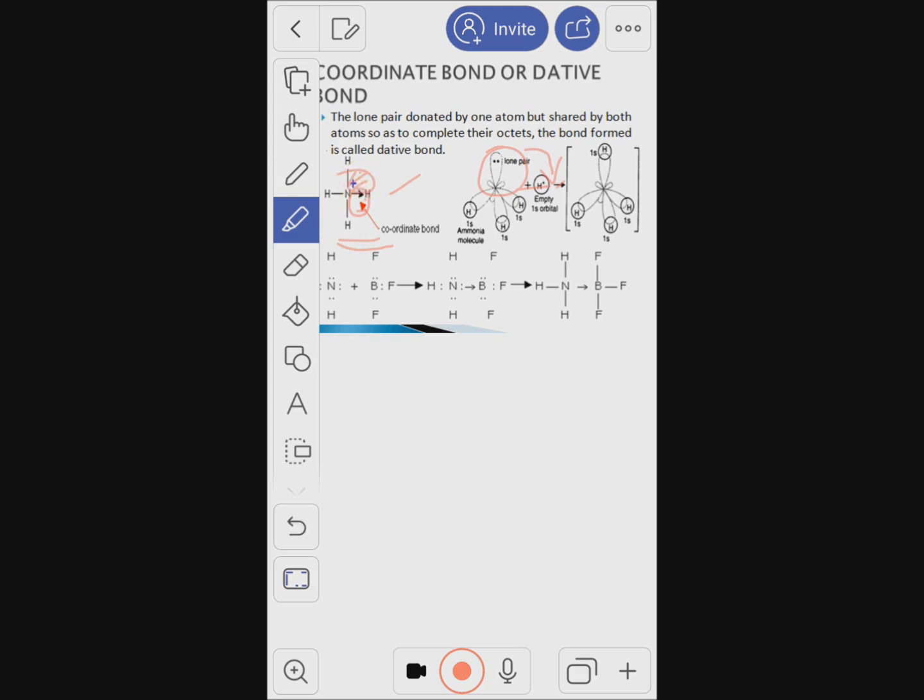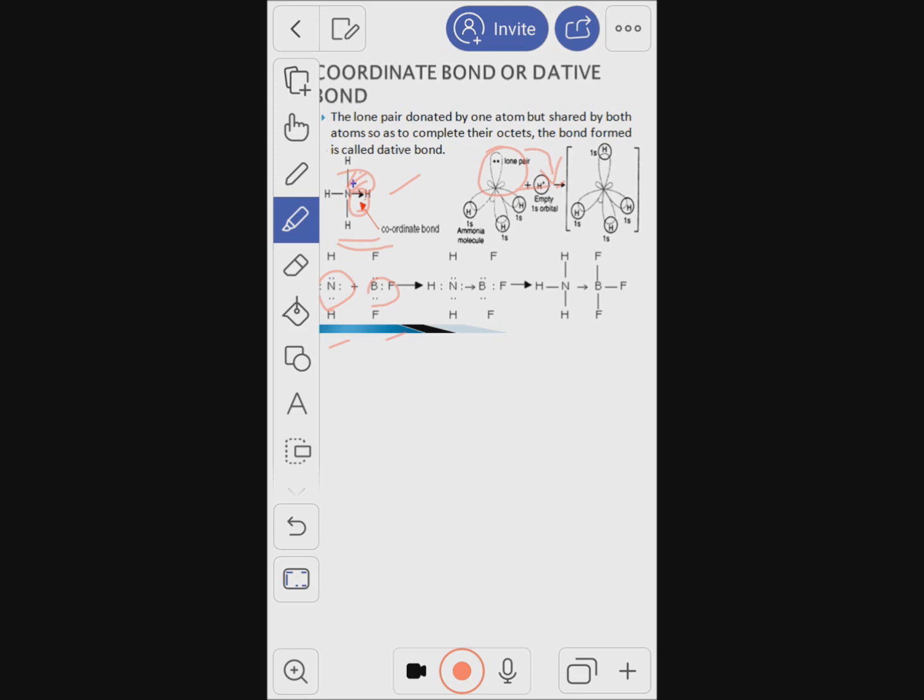Another example, in case of ammonia and BF3, here nitrogen has 8 electrons in its octet, but in case of boron it has only 6 electrons. It means it is electron deficient.